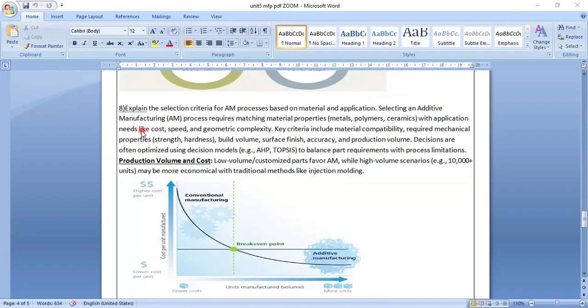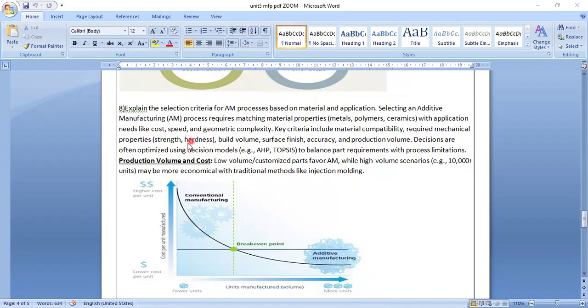Manufacturing process requires matching materials like metals, polymers, ceramics with applications. There is a need for cost, speed and geometric complexities. So metals you are using here, selection of metals, polymers and applications. It is less cost, more speed, geometric complexities can be produced, and it also uses materials like compatibility, requires mechanical properties.